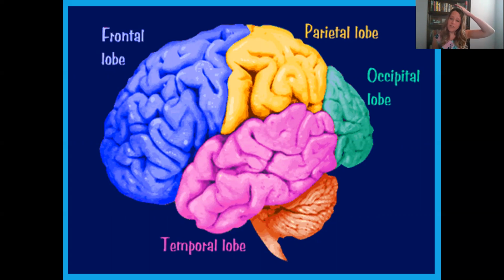The parietal lobe is at the top and plays a role in processing somatosensory information: touch, pain, etc. The temporal lobes behind the ear are involved in auditory processing and speech. Finally, the occipital lobe in the back receives projections from your optic nerve and is important in visual processing.